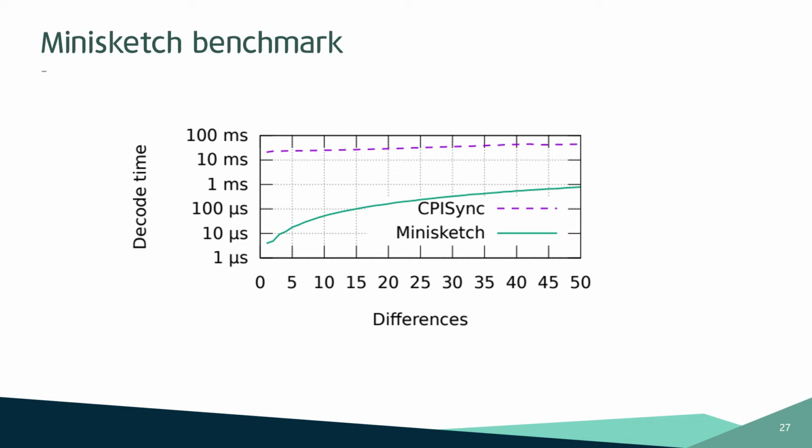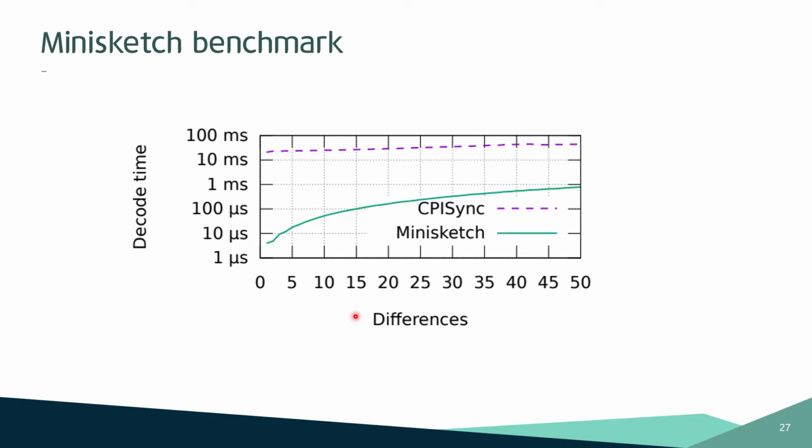So this graph shows how long it takes to decode depending on how many differences there are between sets. That is the time it takes to create the syndrome, that means sketch, calculate the difference of the sets, and find the real different set elements.